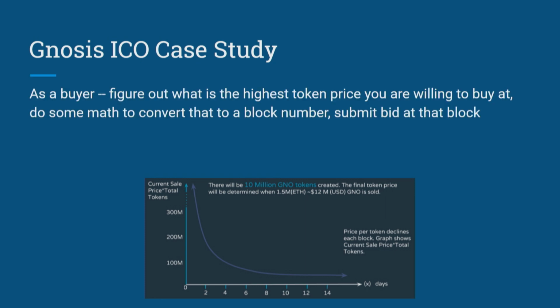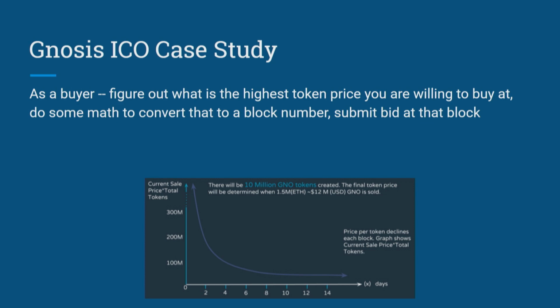This is the graph of what the implied valuation is based on time. Now, what this allows is both the buyer and the seller, their jobs, math-wise, are very easy. You run a little formula as the buyer that takes in the token price that you're good with, and it just spits out a block number. Then you just wait till that block number, and then you publish your transaction.